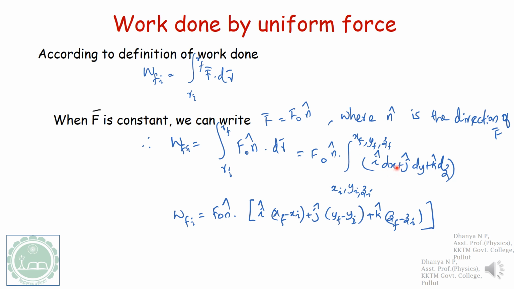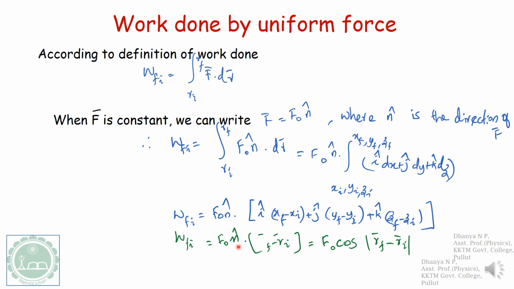While integrating dx we will get x, and applying the limits, that is upper limit minus lower limit, we will get i into (xf minus xi) plus j into (yf minus yi) plus k into (zf minus zi), and it can be written as W_FI is equal to F0 into unit vector n dot (Rf minus Ri).